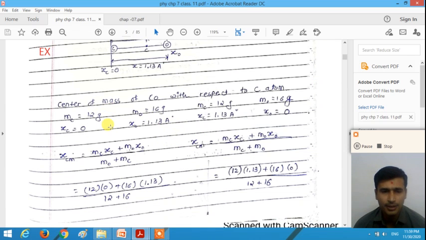Similarly, we put the formula: xcm is equal to mass of the carbon times xc, the distance from the origin, but here the carbon is placed at the origin, so we take xc equal to 0, plus mass of the oxygen, 16 gram, times the distance of the oxygen from the origin, 1.13 angstrom, divided by mass of the carbon plus mass of the oxygen, 12 plus 16.